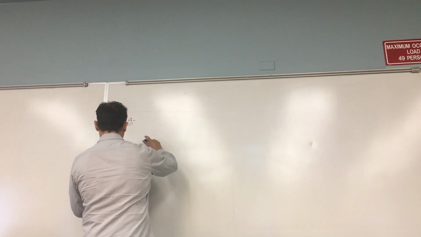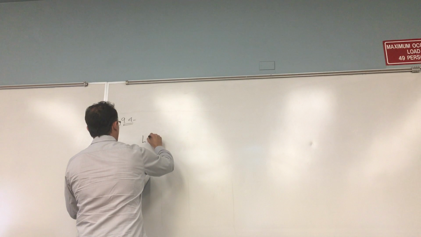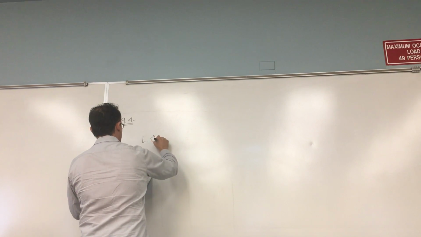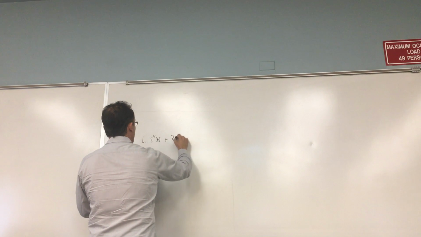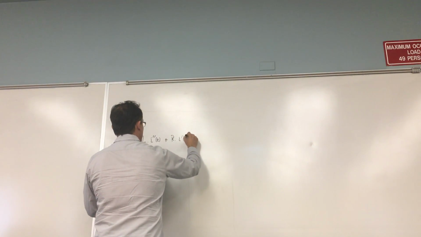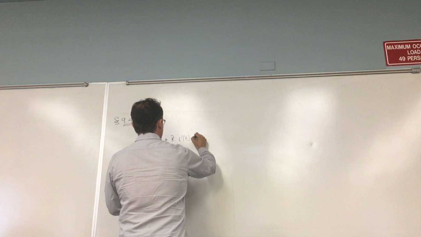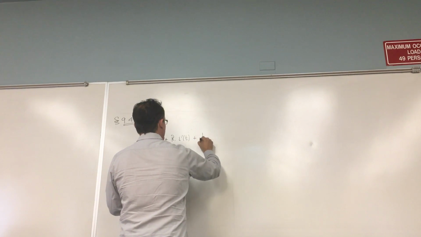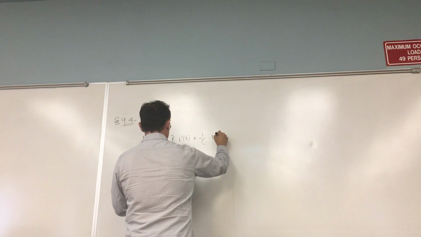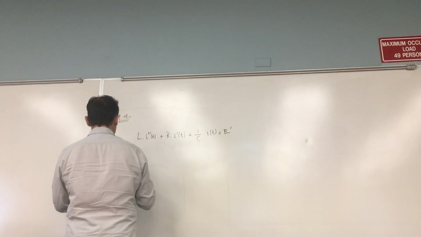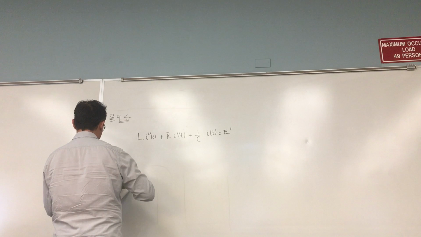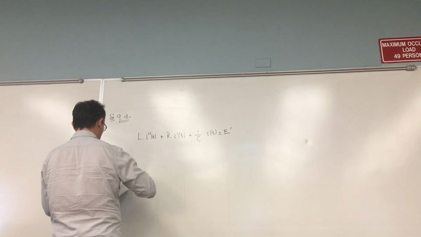This one, L I double prime of t plus R I prime of t plus 1 over C, and then you get two initial conditions, really. I mean, what are the initial conditions?